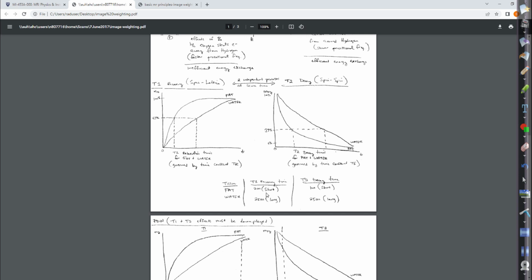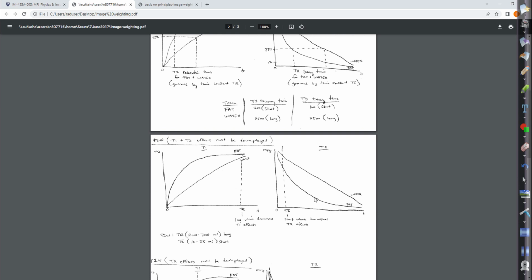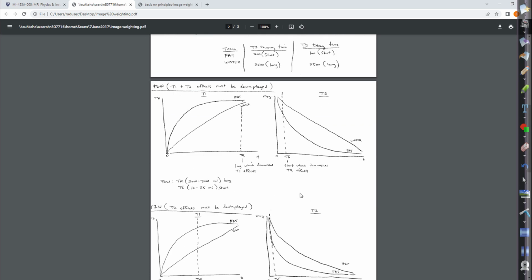So fat has a very short recovery time and a short decay time, 200, 100. Water, on the other hand, has a long recovery time, 2,500, and a long decay time, 2,500. All right. So then we got into, that described contrast.